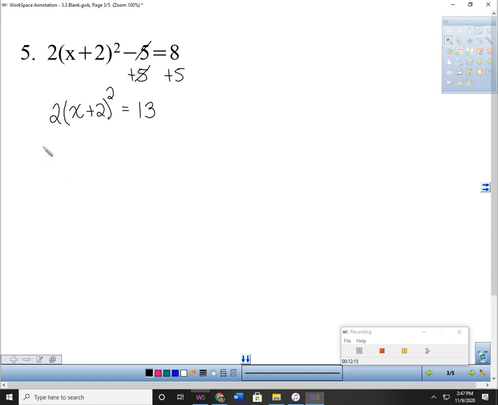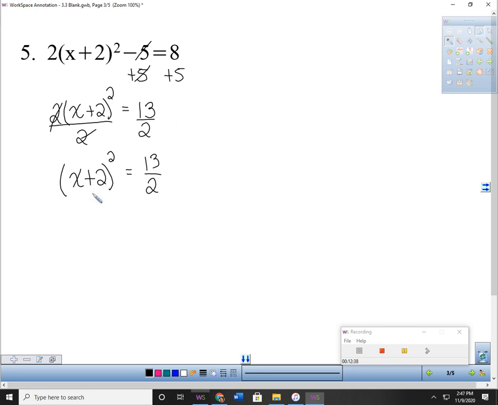Now I can go ahead and divide by the 2. 13 and 2 are both prime numbers, so that's not going to reduce. So that leaves me with the quantity x plus 2 squared equal to 13 over 2.